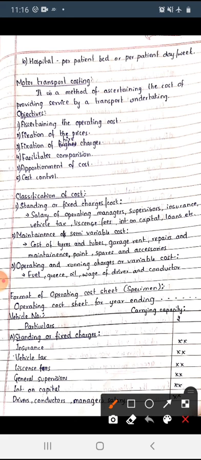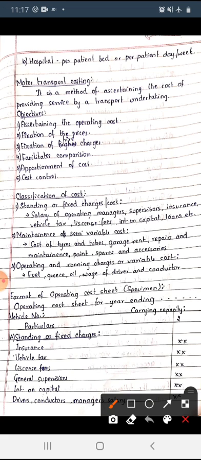For example, where vehicles are given on hire, we need to fix the hire charges. Next, facilitate comparison: to compare the cost of using own vehicles with that of using an alternative mode of transport. Sometimes own vehicles are cheaper than hired vehicles, or sometimes hired vehicles are cheaper than own vehicles. To compare these, we need operating costing.